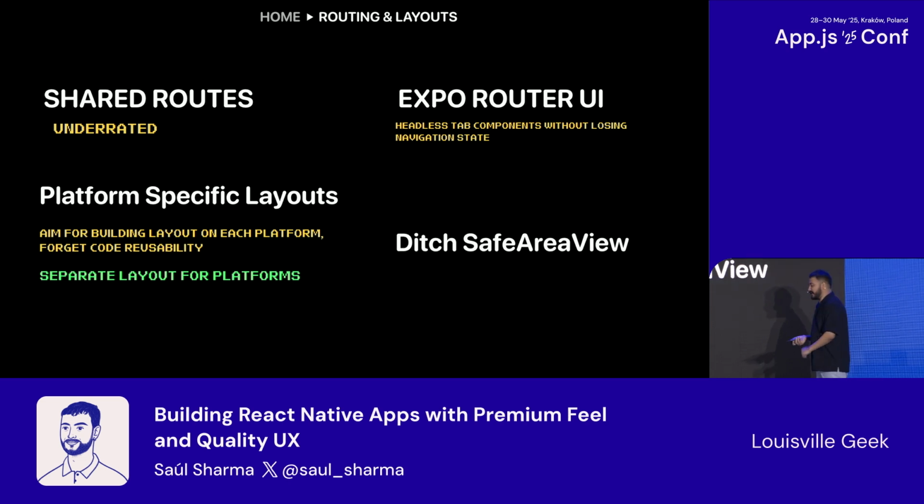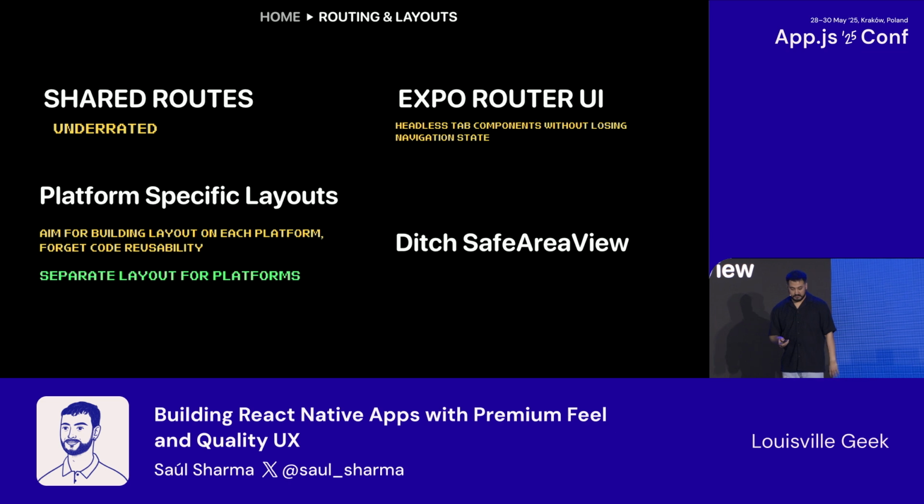And another problem I see, I think this is one of the most crucial ones. The best apps almost never use SafeAreaView. Why? Because they like to control from all the way top to bottom. I think this is one of the problems we have. We always like to slap the SafeAreaView and do cool stuff there. But the problem with that is that we do not have control over the top bar and bottom bar.